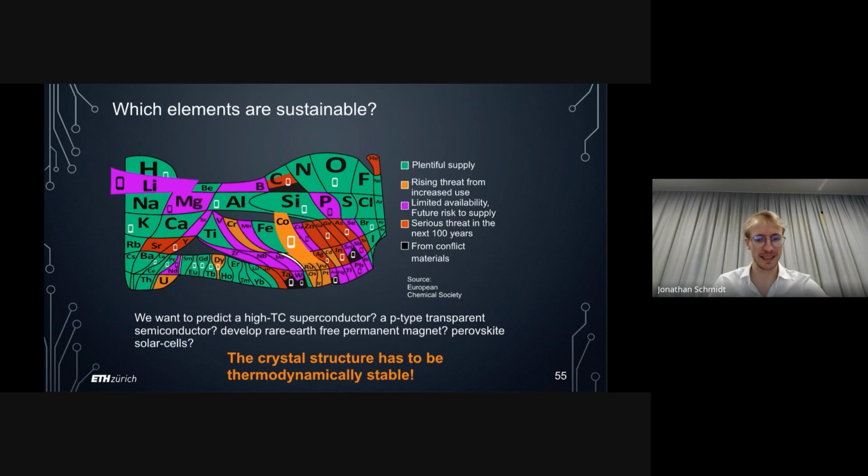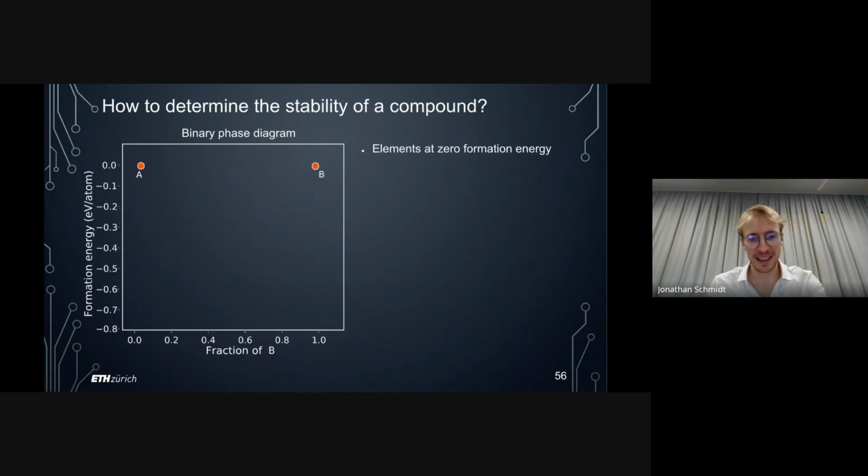And no matter what technology we want in the end, all the crystal structures that we can use have to be thermodynamically stable in the environment of application. And so when we talk about the Alexandria database, this has basically been accumulated over several years by looking for new thermodynamically stable materials.